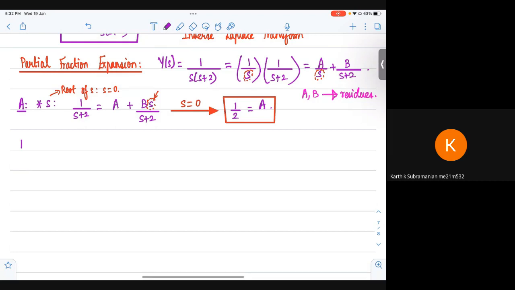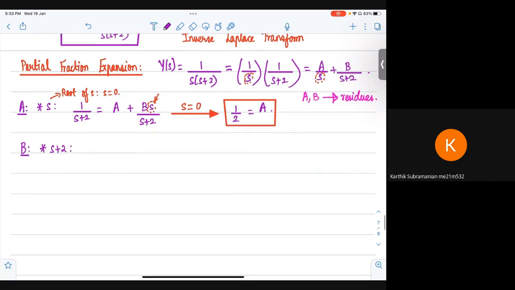So suppose I want to find b, what happens? I multiply by s plus 2. Once I multiply by s plus 2, what do you think will happen? You'll get 1 divided by s. And this will become a multiplied by s plus 2 divided by s.